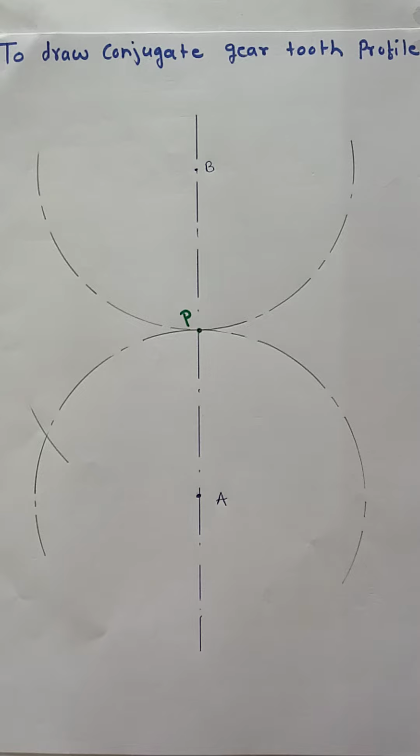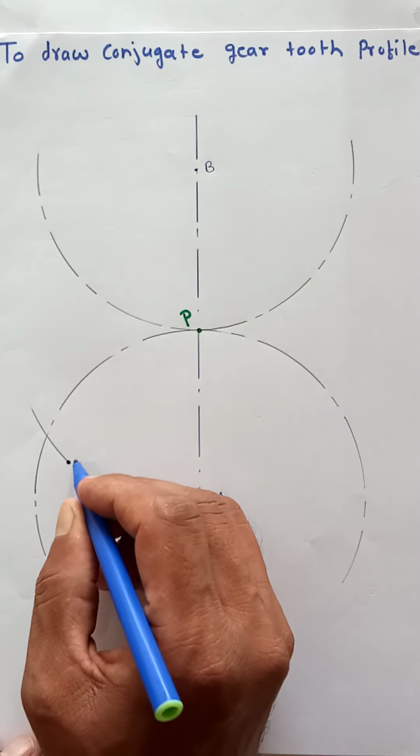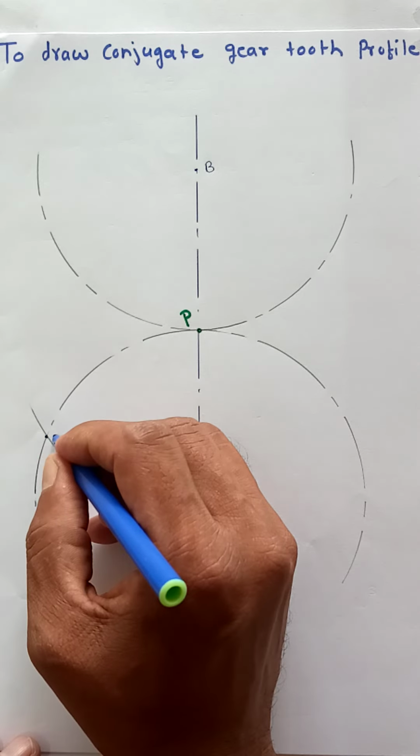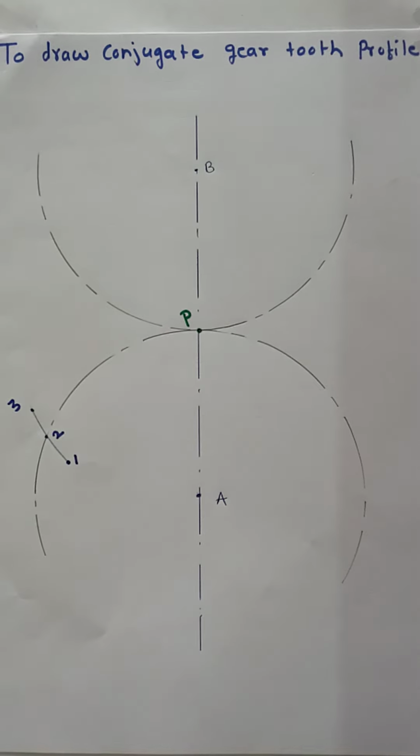Now we will mark 3 points on this profile: point number 1, point number 2 and point number 3. You can select any number of points.